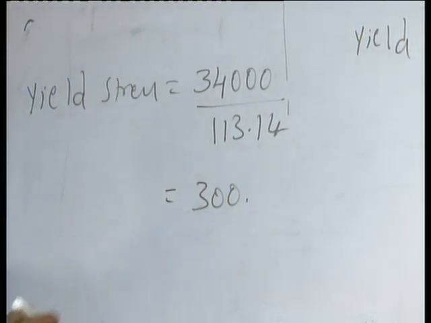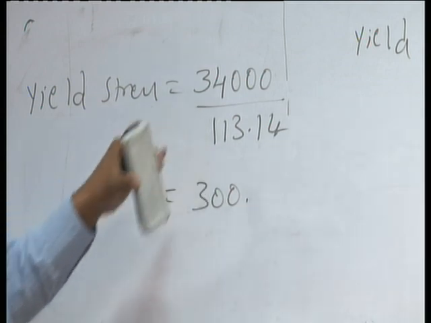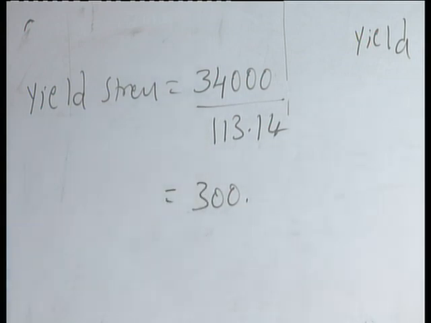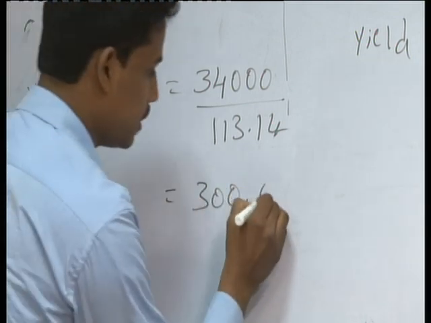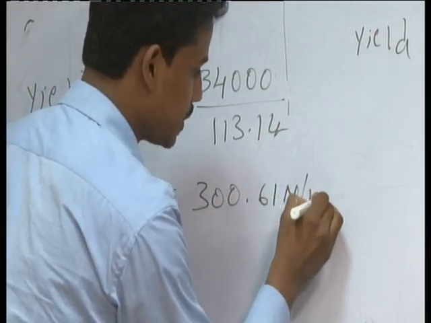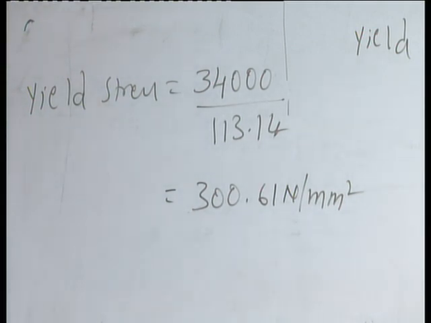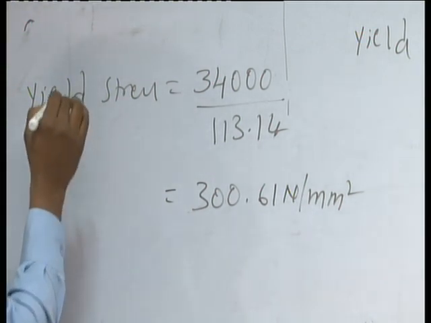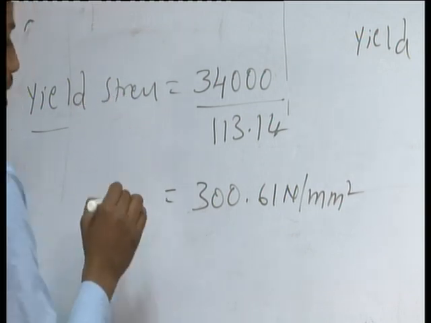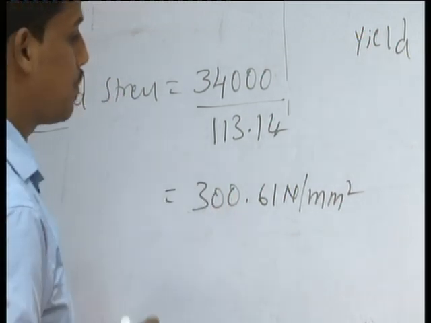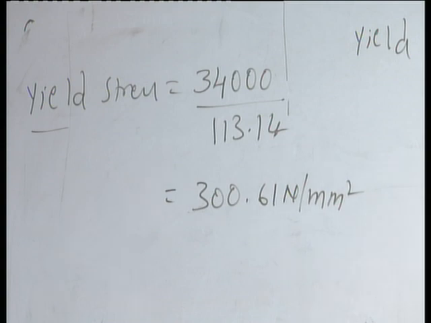If you solve this expression in the calculator, we will get the yield stress as 300.61 Newton per millimeter square. That means at this particular stage, the stress developed is 300.61 Newton per millimeter square.